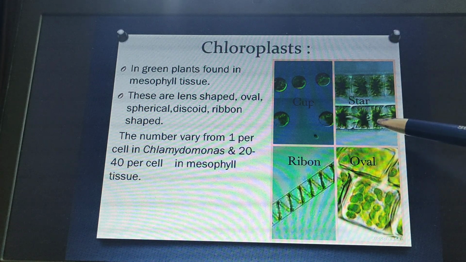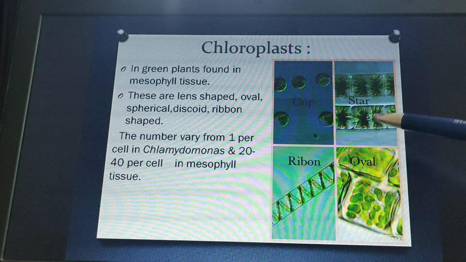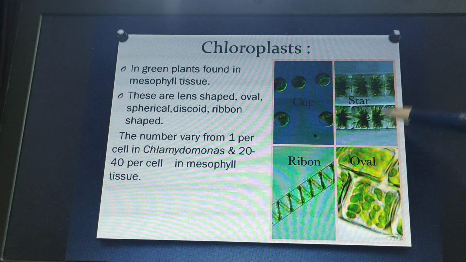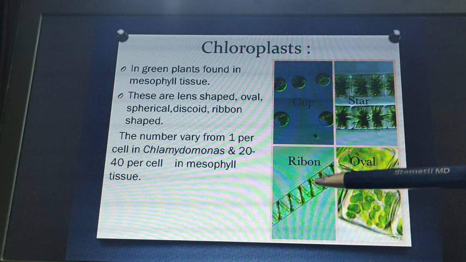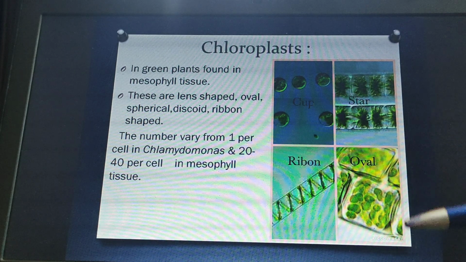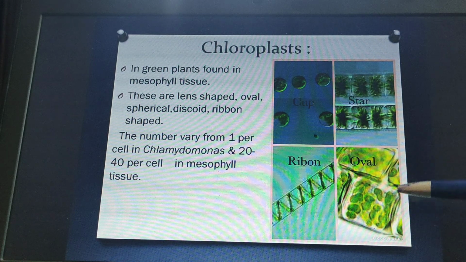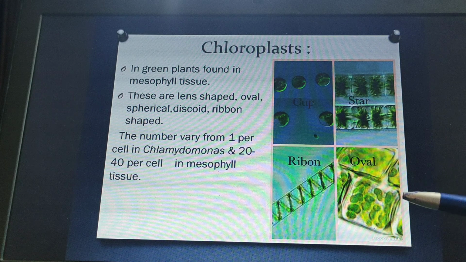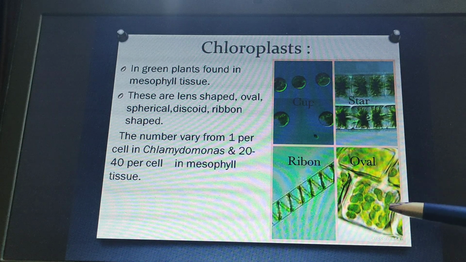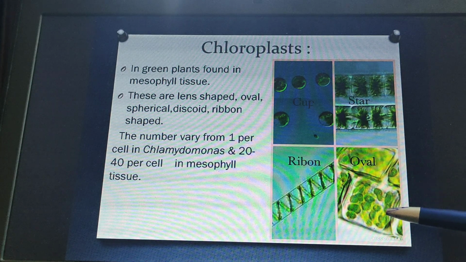Star shape, like a type of algae, Zygnema, which is having the star shaped chloroplast. Ribbon shape, that is in case of the Spirogyra, which is having the ribbon shaped or the spiral chloroplast. Oval, like this is seen in the plant mesophyll tissue which is having the oval chloroplast present over there.